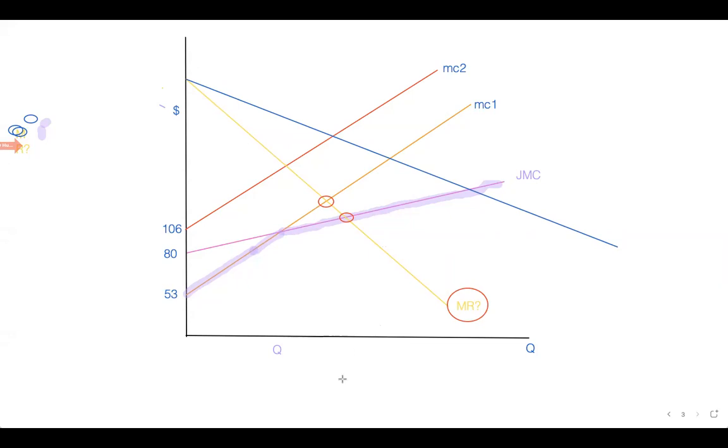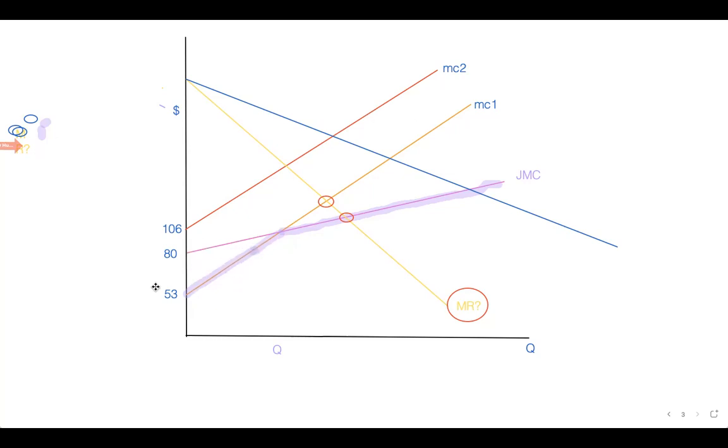There are two issues. If we had this type of equilibrium, the illustration's not perfect, and I'm going to give it a little more flavor of what it would look like.